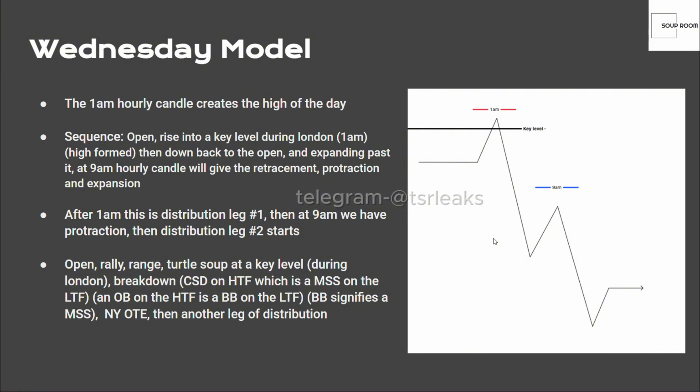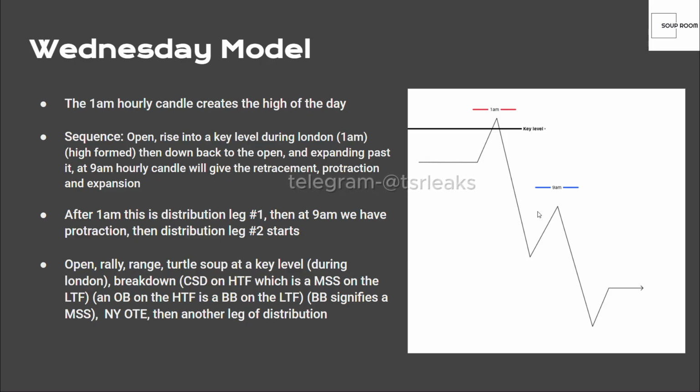The change in state of delivery on a higher time frame is a market structure shift on the lower time frame. An order block on the higher time frame is a breaker block on the lower time frame. A breaker block is exactly what signifies a market structure shift. New York OTE, and then a second leg of distribution.